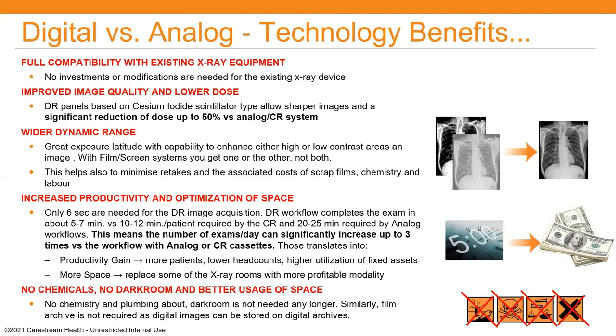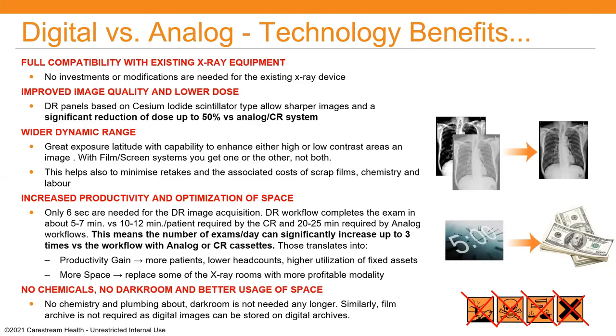Just to mention one here, I put full compatibility with existing X-ray equipment. You don't have to touch your analog X-ray equipment. If the unit is still in good condition, you can just remove the processor, remove the analog cassette, and put the CR in or the flat panel detector. All the new hardware that you are going to put into the workflow will not be connected or wired to your existing X-ray table.